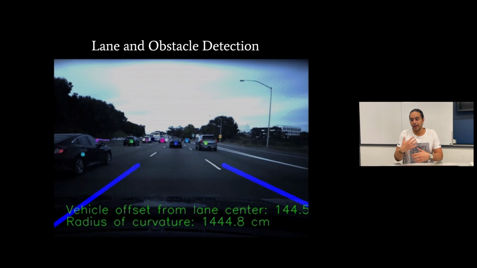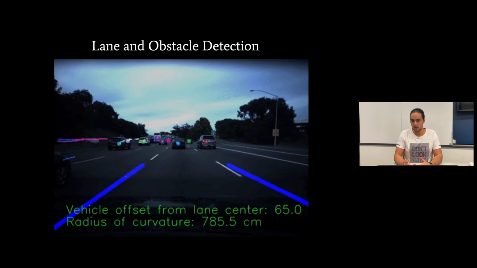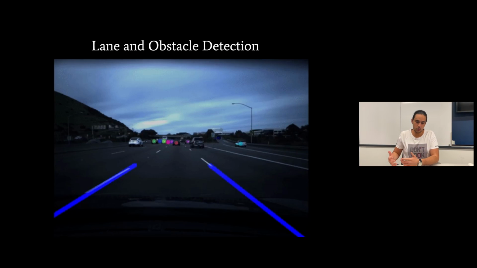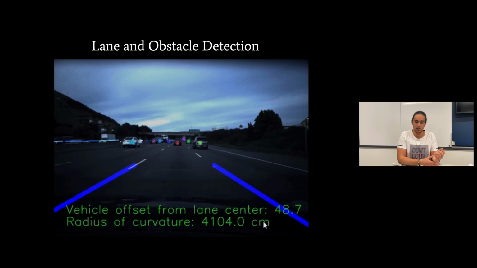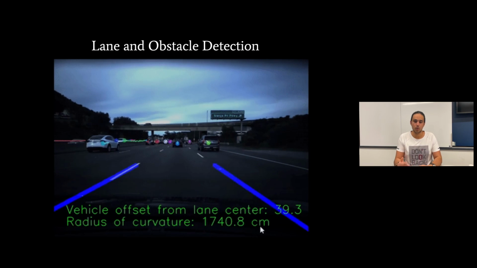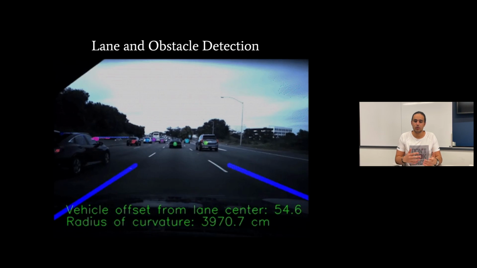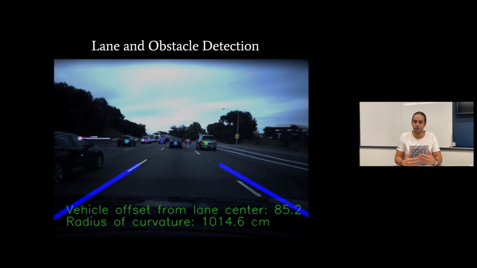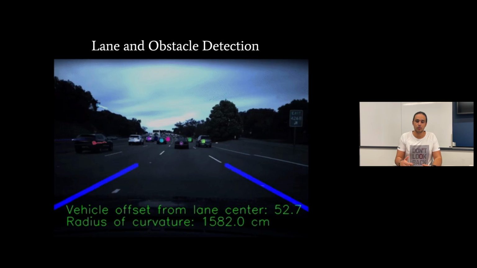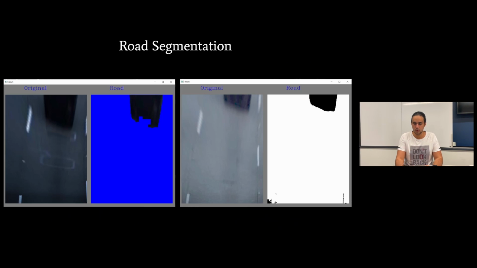So with lane and obstacle detection experimented with, we wanted to also experiment with path planning, potentially using road segmentation. However, we realized that we can't afford more inference in our pipeline, so we wanted to avoid learning-based approaches. So we experimented with two different model-free approaches for road segmentation. The first was k-means, seen on the right, and the other was watershed segmentation, seen on the left.